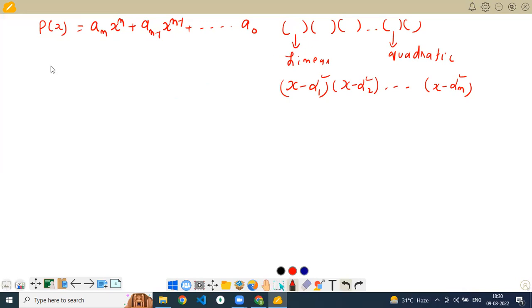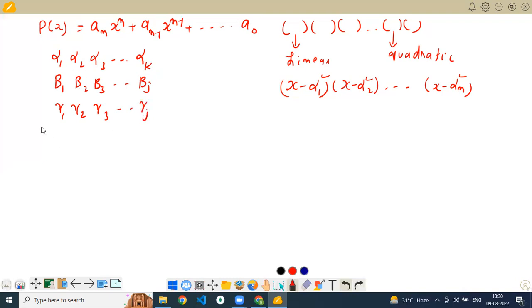But if I have real numbers alpha 1, alpha 2, alpha 3, ... alpha k, where k is less than n, and if I have some real numbers beta 1, beta 2, beta 3, ... beta j, and some real numbers gamma 1, gamma 2, gamma 3, ... gamma j. I'll tell you why I'm taking these numbers.